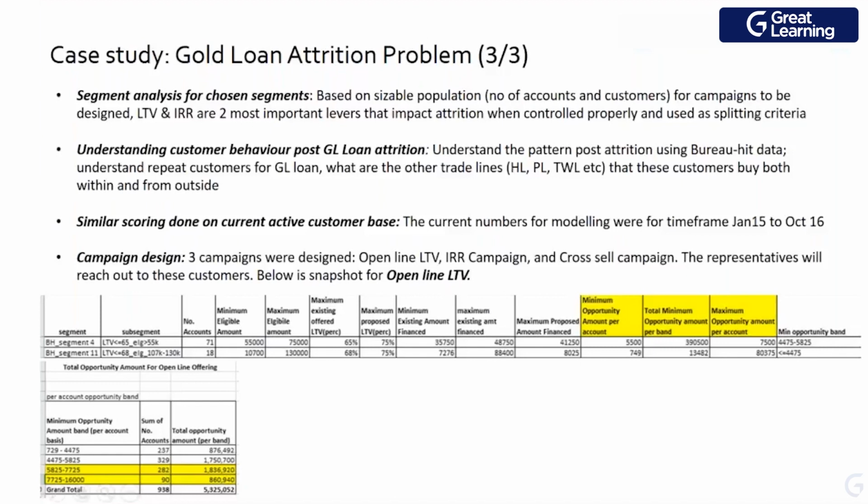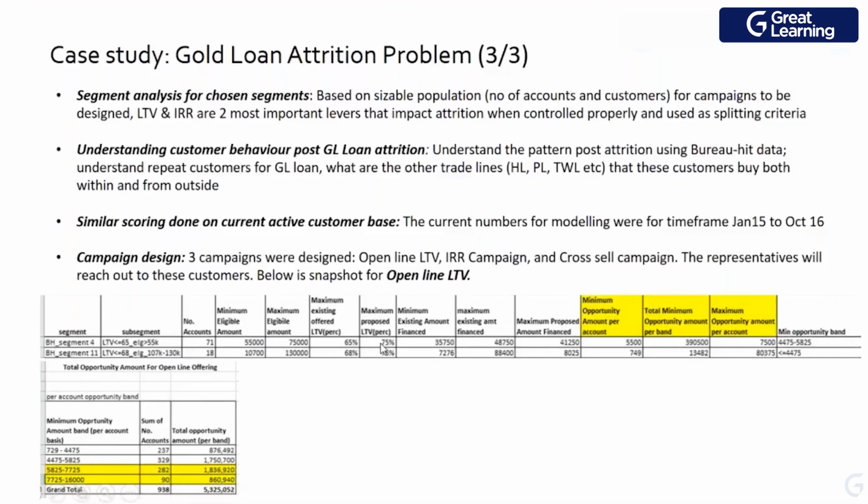If you give them an LTV of 75% instead of 65%, then your maximum proposed amount finance is 41,250, which is 75% of the minimum eligible amount. So this 5,500 is nothing but the difference of 41,250 and 35,750.